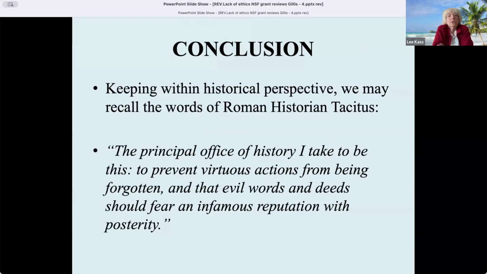So our conclusion, keeping within historical perspective, we may recall the words of the Roman historian Tacitus: "The principal office of history I take to be this: to prevent virtuous actions from being forgotten, and that evil words and deeds should fear an infamous reputation with posterity."